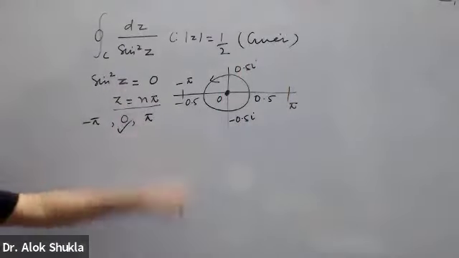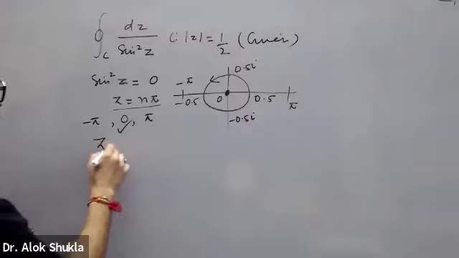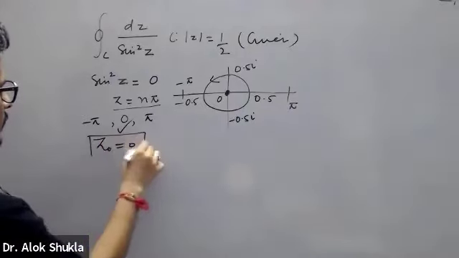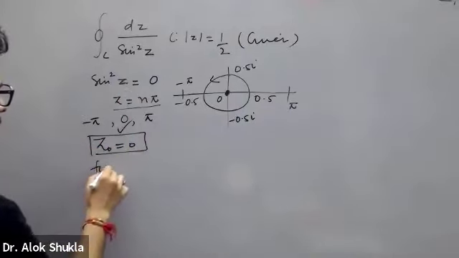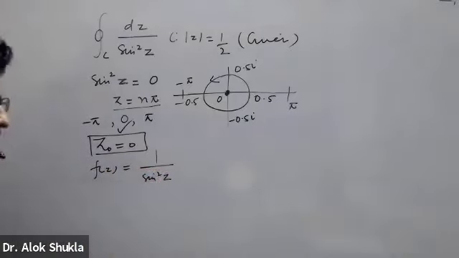So where do we have to find the residue? Only about z is equal to 0. So let us do that. So f(z) is equal to 1 upon sine square z. We have to find the residue.